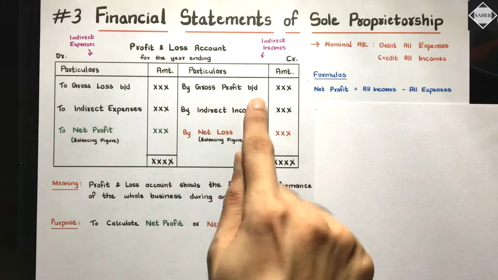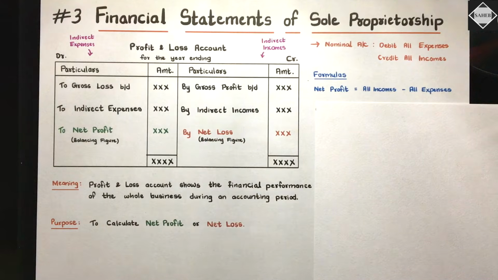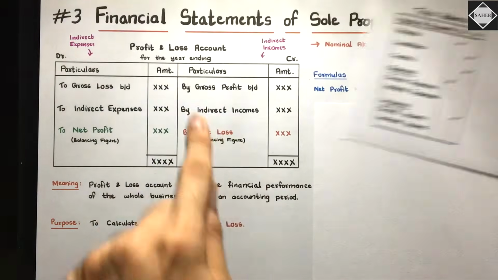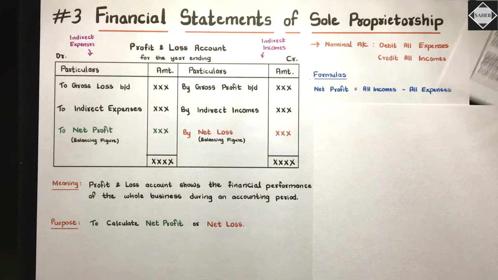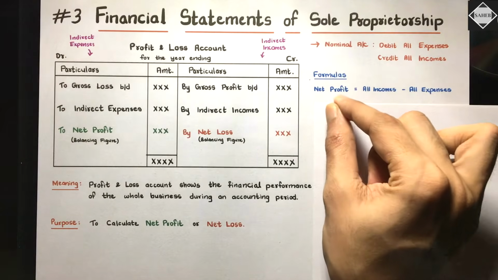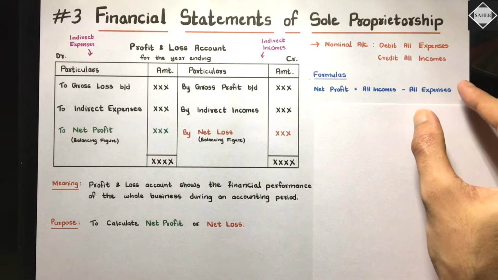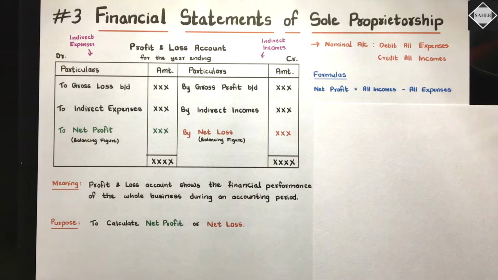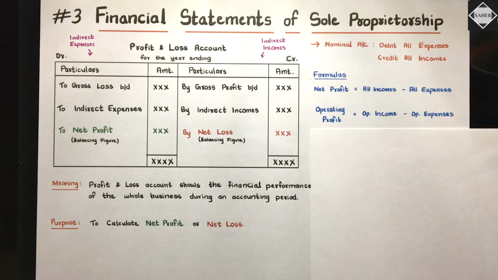Gross profit has been carried forward over here, isn't it? From the trading account, whatever the direct expenses and direct incomes were, that effect has flown into the profit and loss account as well. So that is why the formula of net profit is all incomes minus all expenses. Whether it is direct or indirect, everything is considered. Is that clear? Simple.